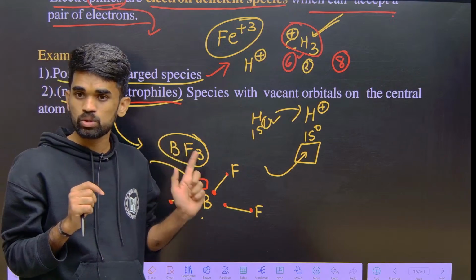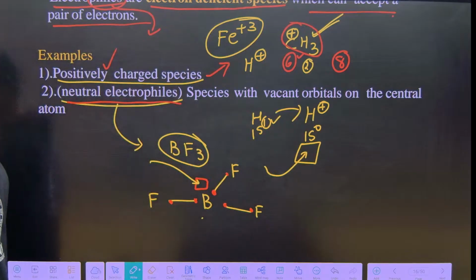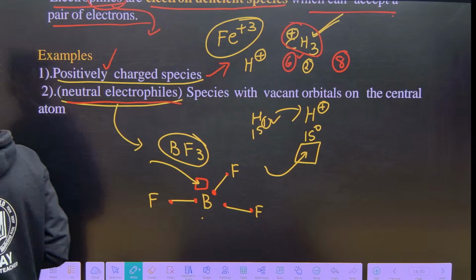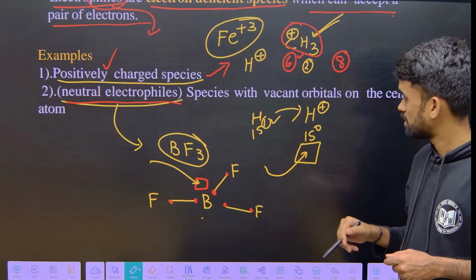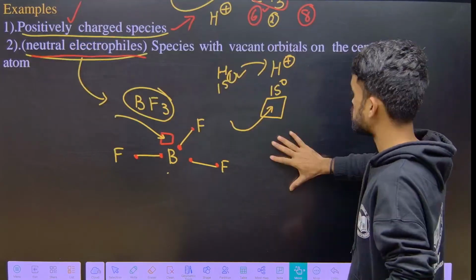How to identify neutral electrophiles, positively charged and negatively charged? Okay, is this clear? That is also a good question you are asking.